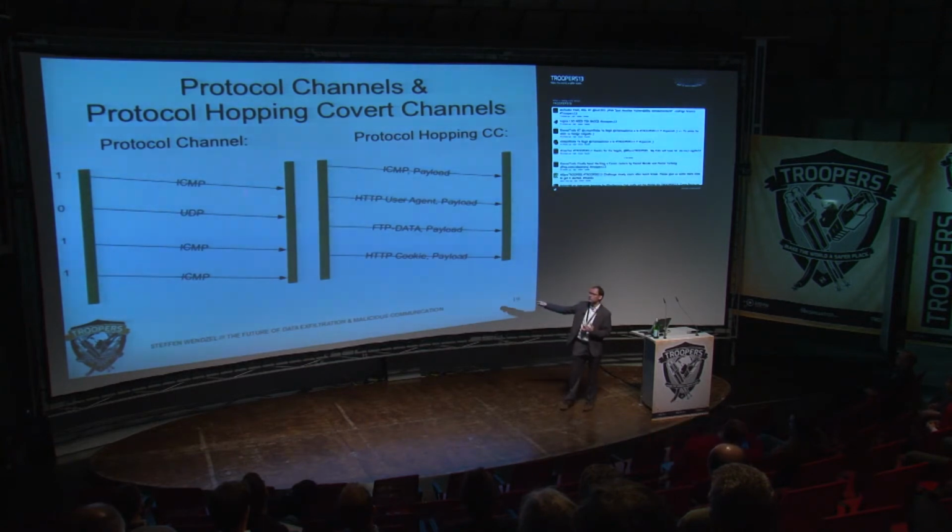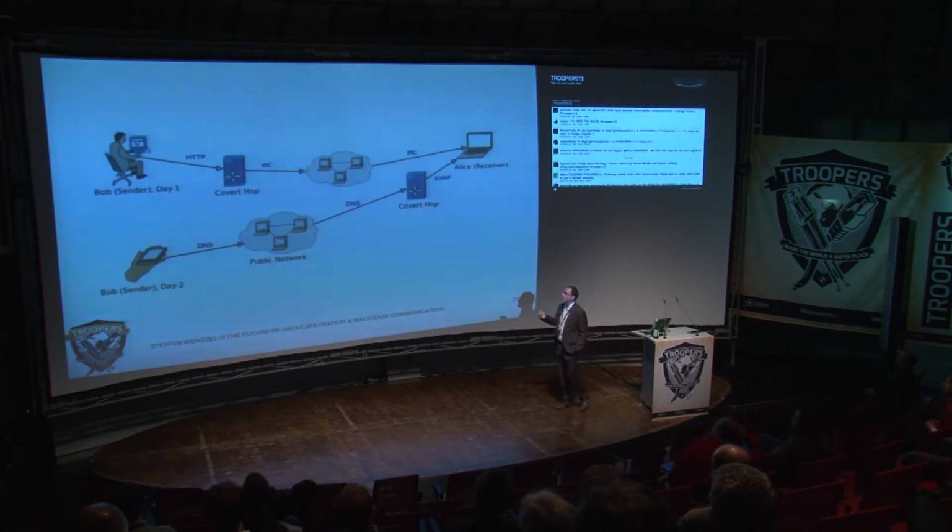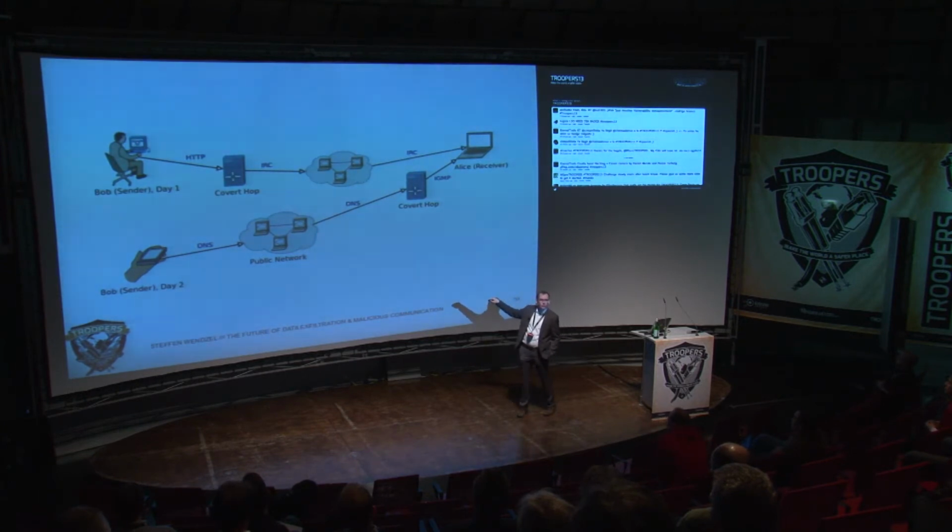You can also use, for instance, error correcting or error detecting codes here for the protocol channel. But I just want to give you an overview. So what we can do now is that we can build covert channel overlay networks with different access points, and we can access the overlay network using different protocols we use to hide the data in, right?